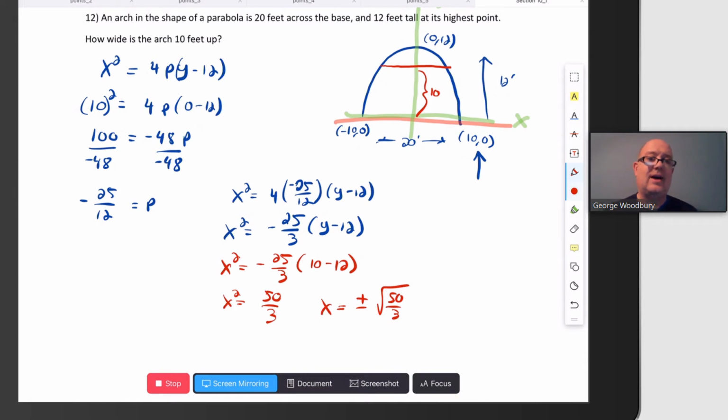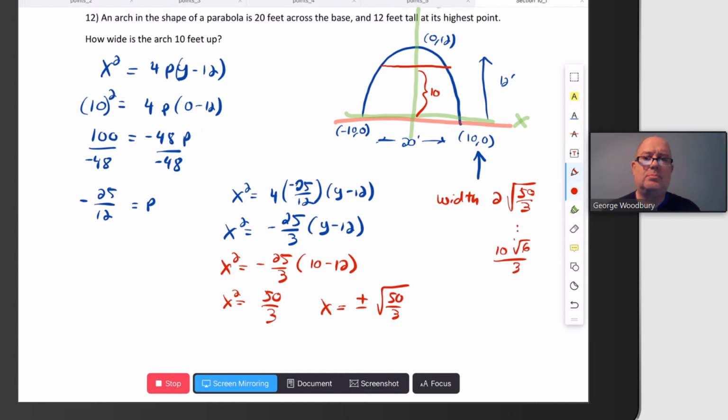And I can get an exact solution there. The width would be 2 times the square root of 50 thirds. I can clean that up a little bit, multiply top and bottom by 3, take what I can out of the radical. Hear me now, believe me later. That would be 10 square root of 6 all over 3.